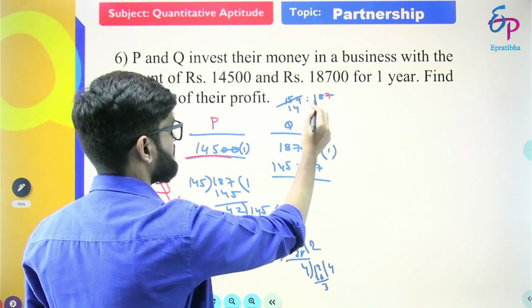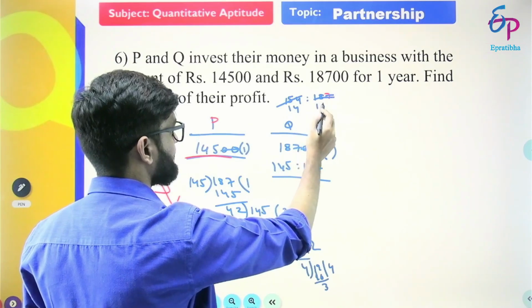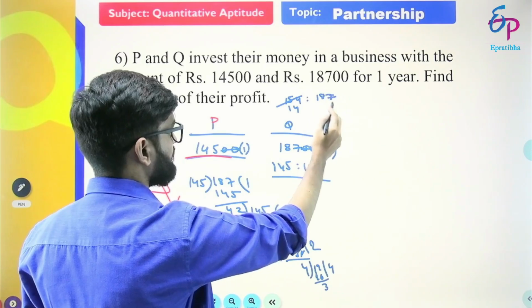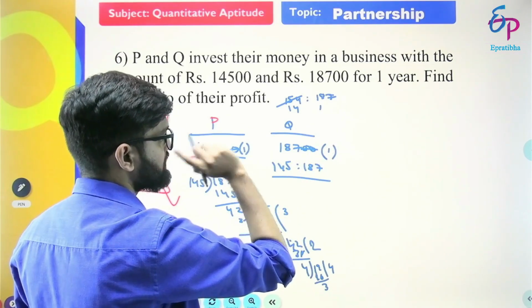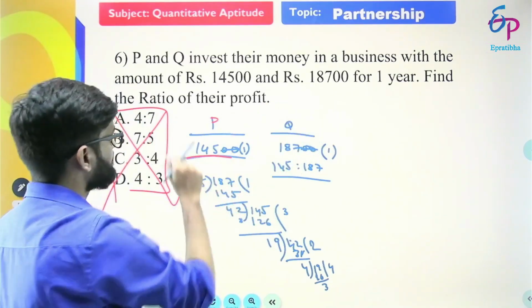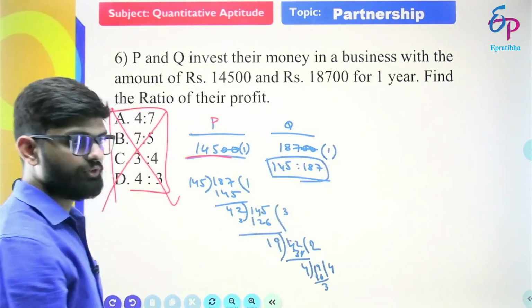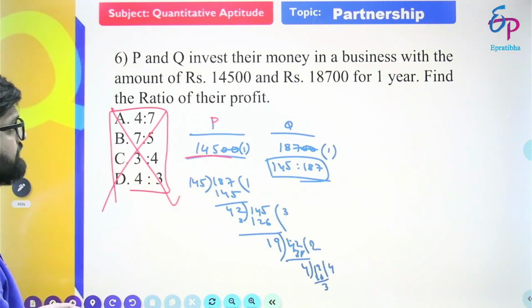This is 14 and this is 17. 14 is to 17 is also not there. Anyway, take down the options as 145 is to 187. Change one option to 145 is to 187.